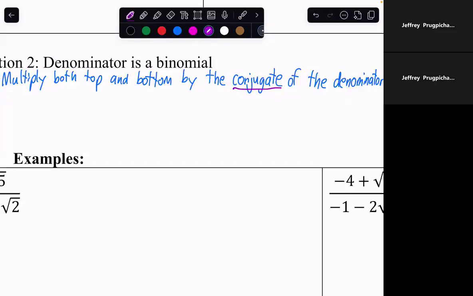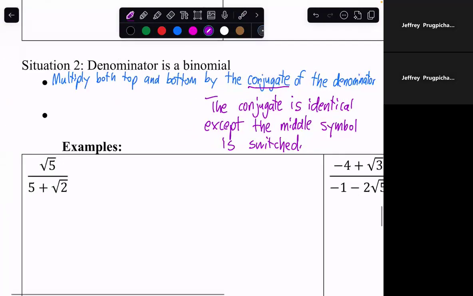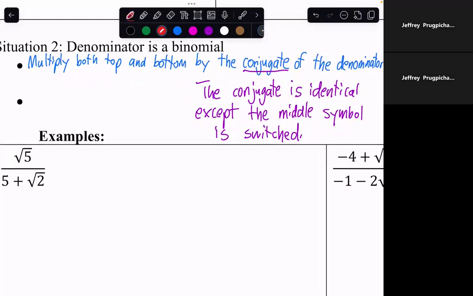But in math, the conjugate of something is identical except the middle symbol is switched. I'll show you an example. But after you do that, don't forget you always check to simplify at the end.